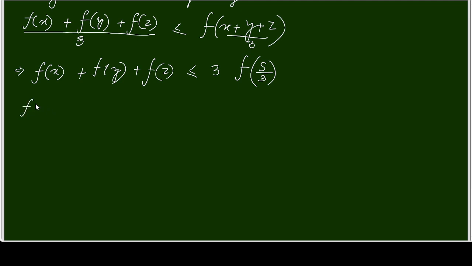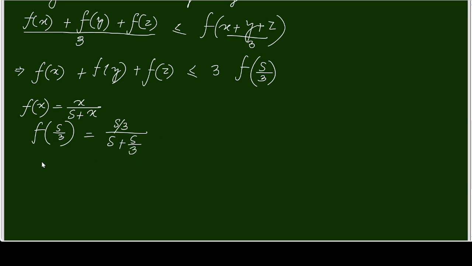So when we have defined f of x equals x by s plus x, then what will be f of s over 3? It will be s over 3 over s plus s over 3.